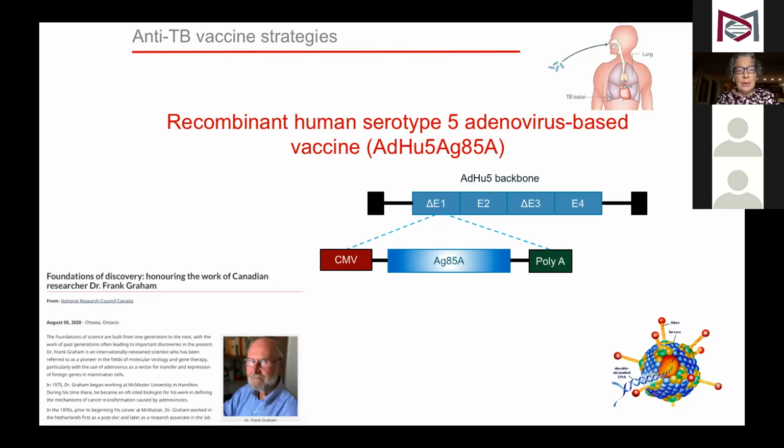But I think it's very important, and this is perhaps quite timely, for us to honour the work of one of our really emeritus faculty, Dr. Frank Graham, who probably more than 45 years ago discovered here at McMaster the AD5 vector, and all of the work that has been done since then really has rested on his shoulders. So we can be proud in lots of ways that AD5 really came out of McMaster with the work of Dr. Graham.